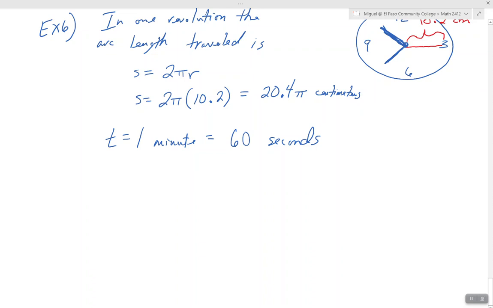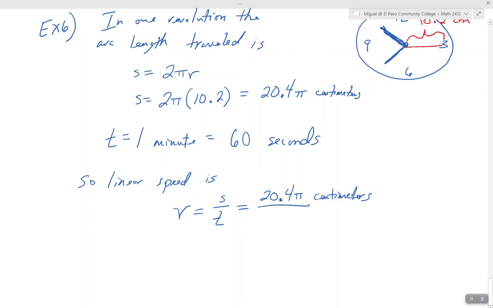So the linear speed, because remember for the linear speed the formula was s over t. And now we have s, right? S is the distance around the clock, divided by time.